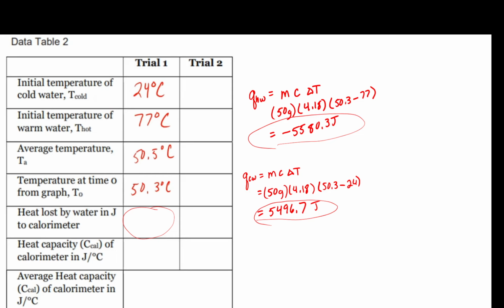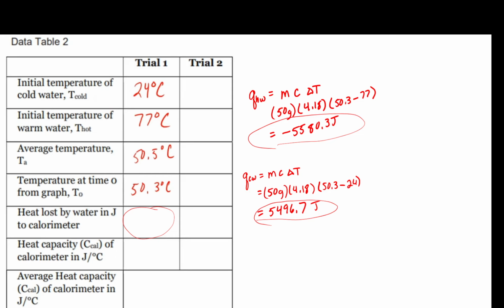So you want to subtract one of these numbers from the other. You can do 5,580 minus 5,496.7 to get 83.3. And notice that I didn't use a negative 5,580.3 right there. We want to always end up with a positive number right here.